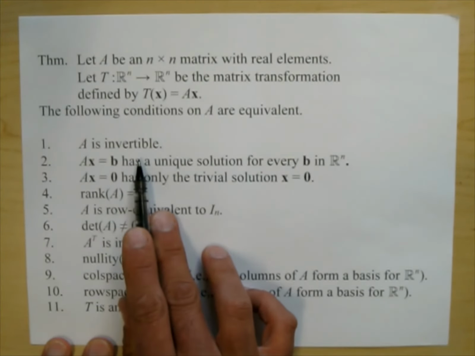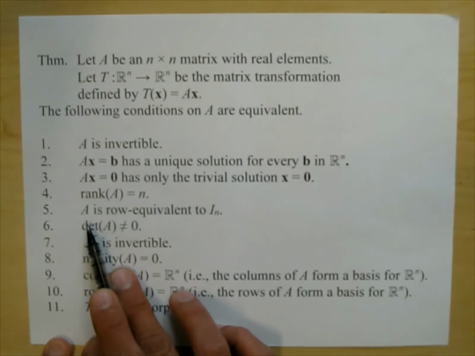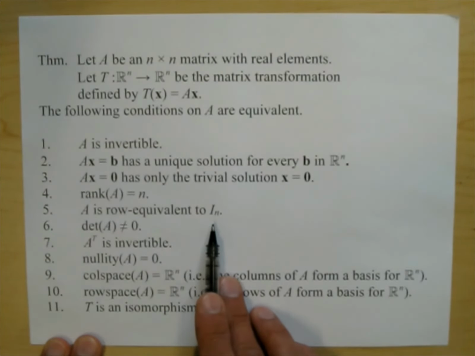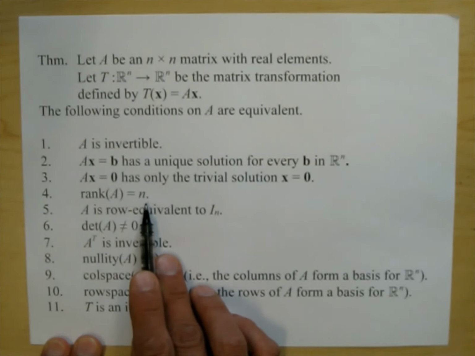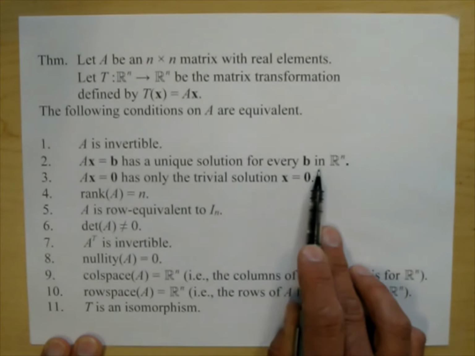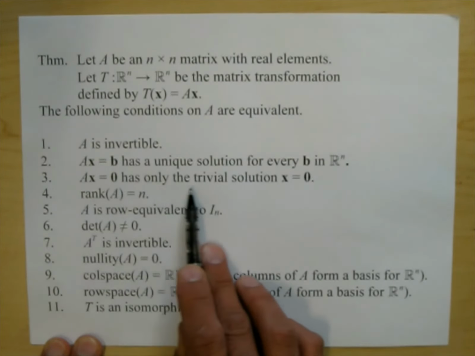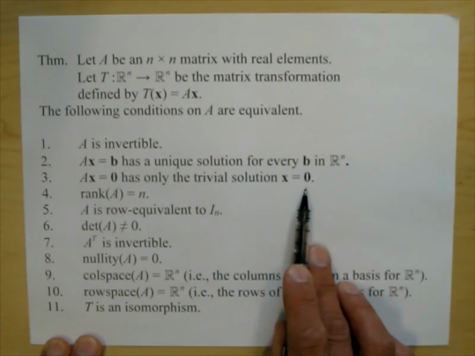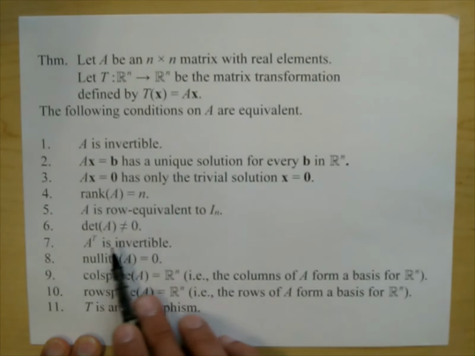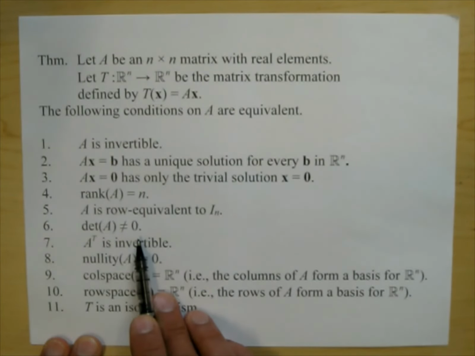A is invertible. And I always like to jump down to condition 5, which means it is row equivalent to the identity, which means the rank is n, which means AX equals B has a unique solution for every B in Rn, and AX equals 0 has only the trivial solution. So these are things we've seen before. Well, if A is invertible and it's row equivalent to In, the determinant does not equal 0.